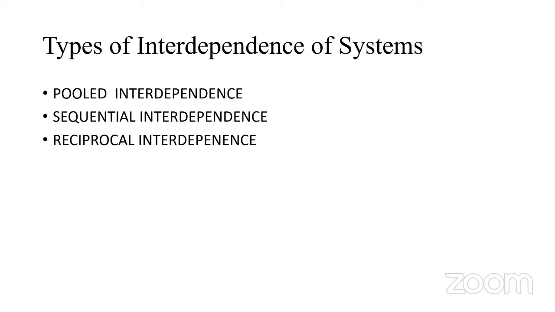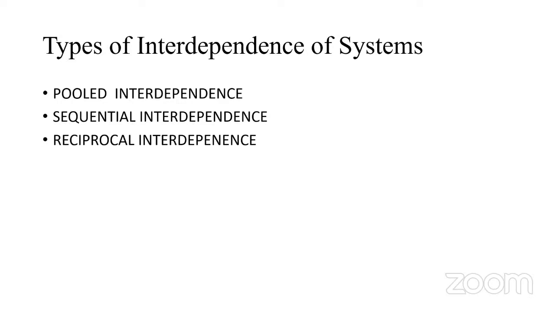What kind of interdependence is there between various departments, various team members, that we'll be able to better understand. And even if these departments are interdependent from one another, what is important is the fact that they are all connected to one another and they're all related to one another. So let us look at the first type of interdependence, which is the pooled interdependence, right?